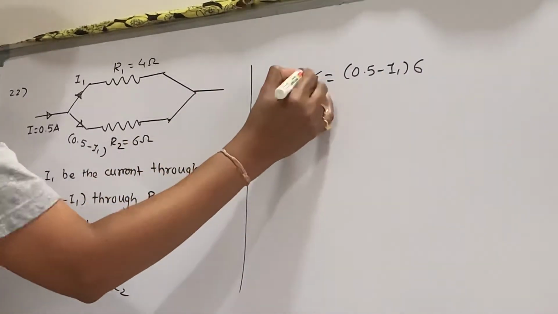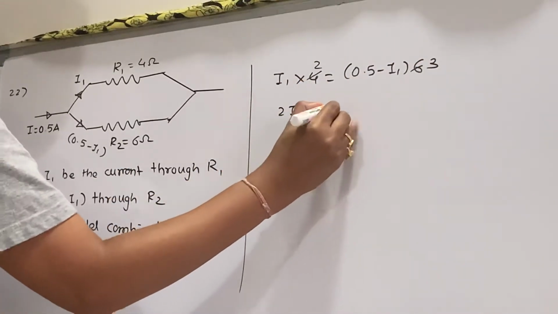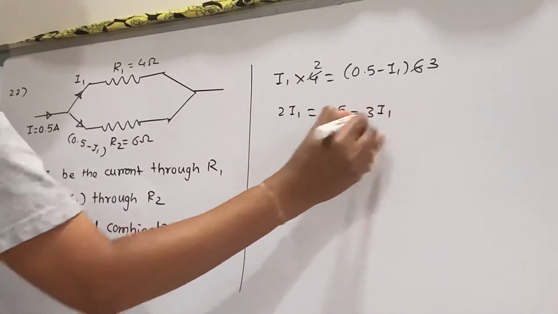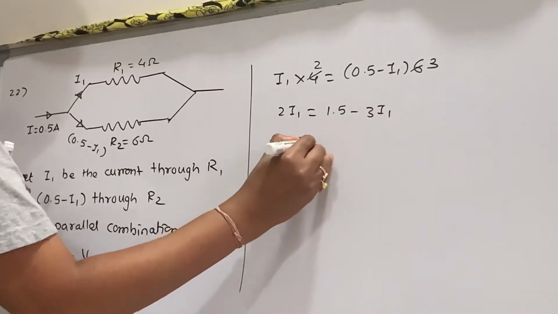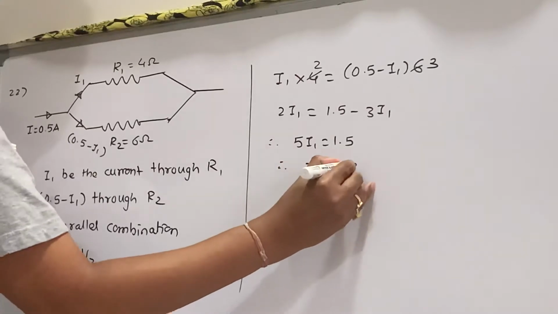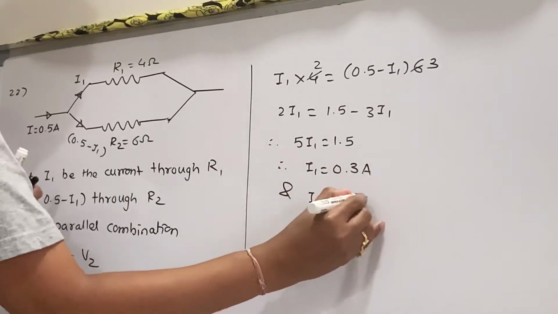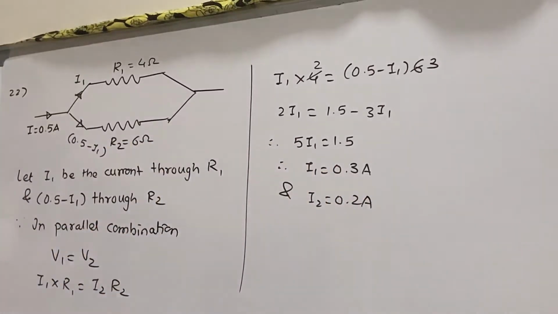So 2 fours are, 2 sixes are, that is 4I1 is equal to 3 minus 6I1. Dividing by 2, this is 2I1 is equal to 1.5 minus 3I1. So on this side 5I1 is 1.5. So we can write I1 is 0.3 ampere and your I2 is equal to 0.2 ampere. So the current in each will be 0.3 ampere and the other will be 0.2 ampere. This is a very important sum.